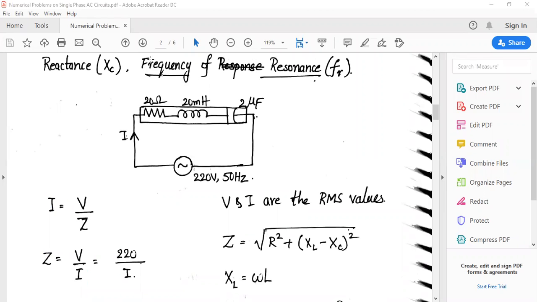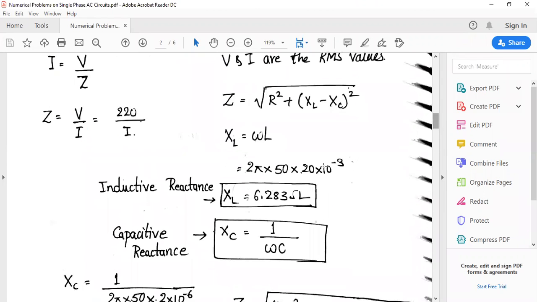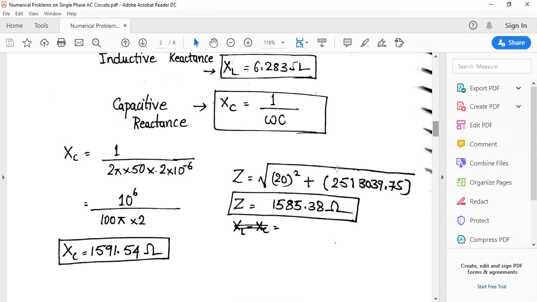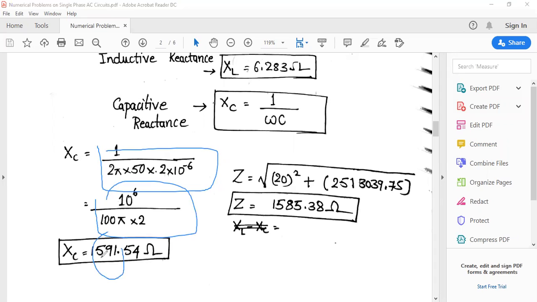Next, you can calculate XL as 2 pi f into L, which is 6.283, and capacitive reactance XC as 1 divided by omega C. So you will get XC as 1591.54 ohm.